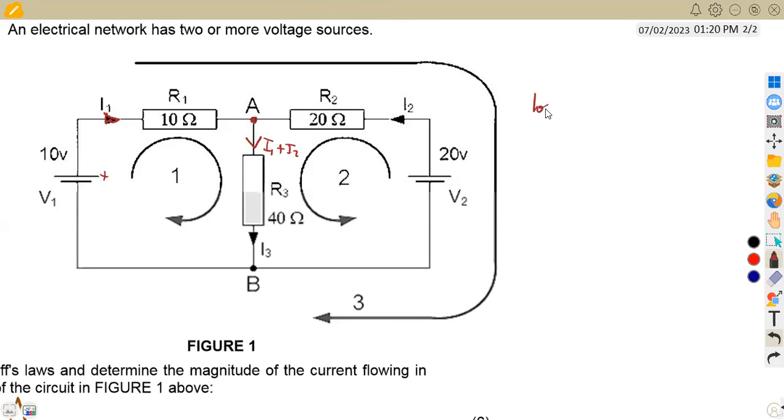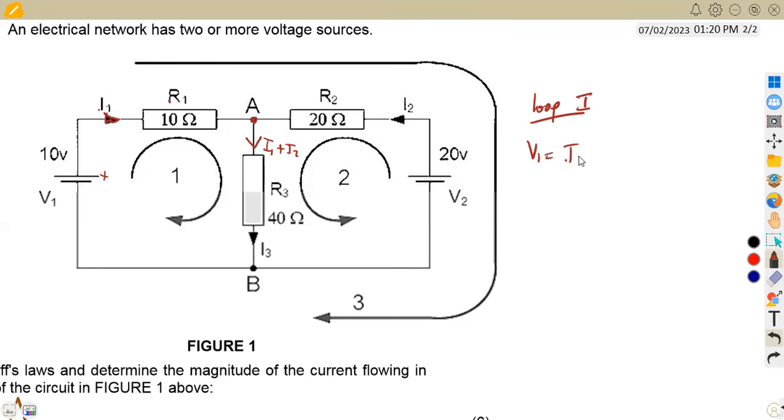All right, so let me consider taking loop number 1. In this loop, remember the voltage, which is our supply V1, is equal to the sum of the voltage drops. So we are going to add the voltage drops, which is current times resistance. From this branch, we've got I1 and R1.